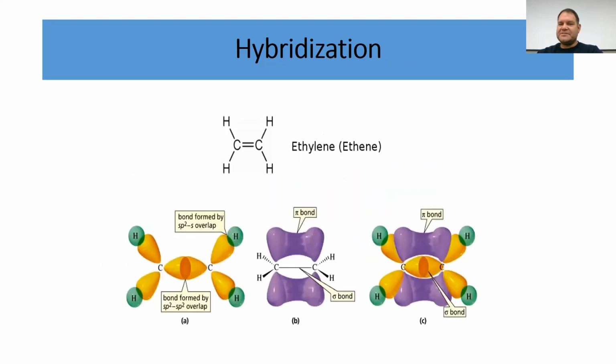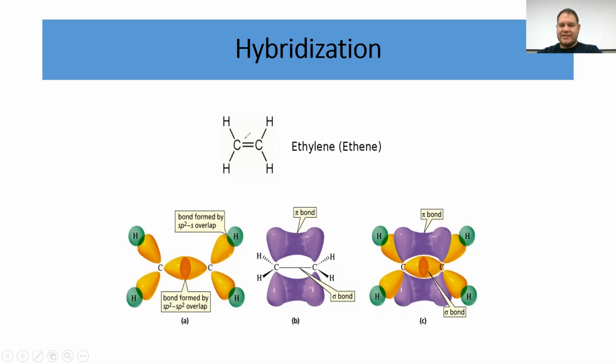So we're going to use ethene as an example here, okay? What we're going to form is a double bond between 2 carbon atoms. Because we're going to form this double bond, we must have an opportunity to form not only a sigma bond, but also 1 pi bond, right?